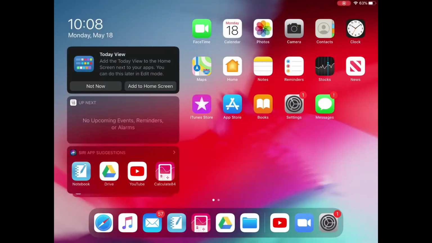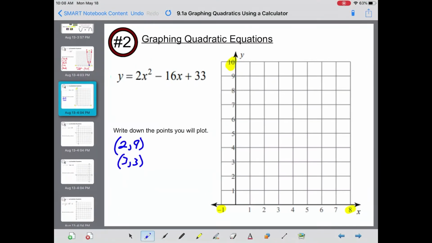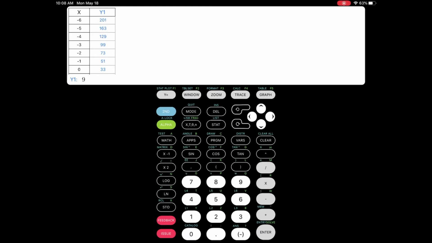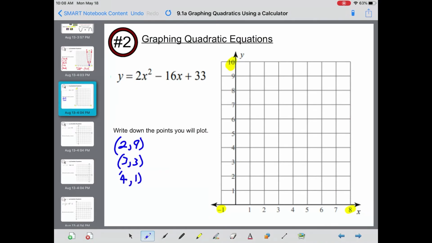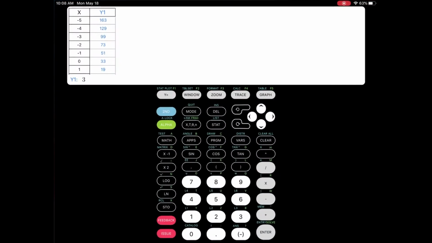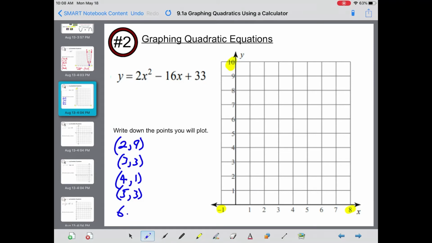2, 9. 3, 3. 4, 1. 5, 3. And 6, 9. Right 2 up 9.